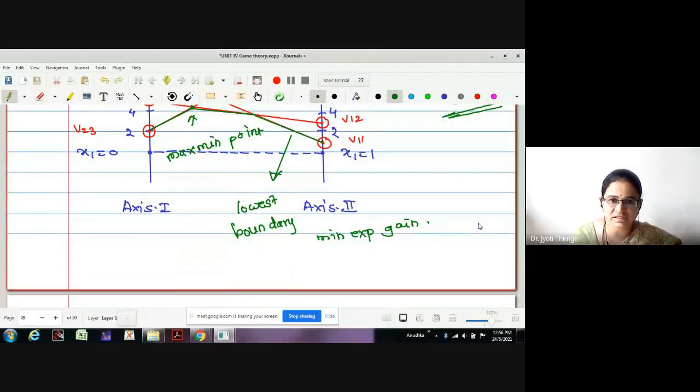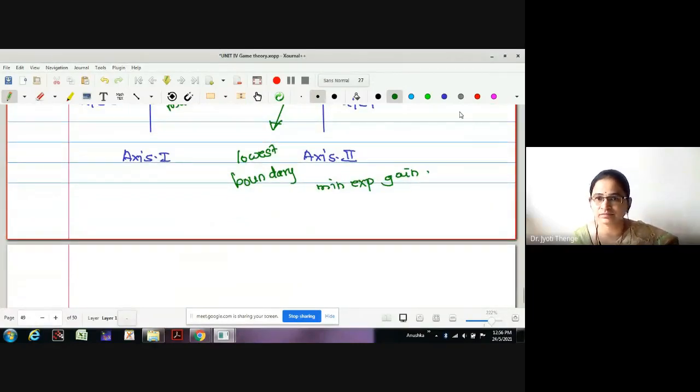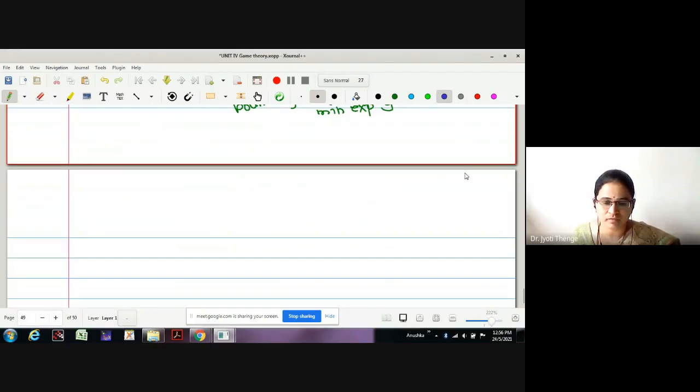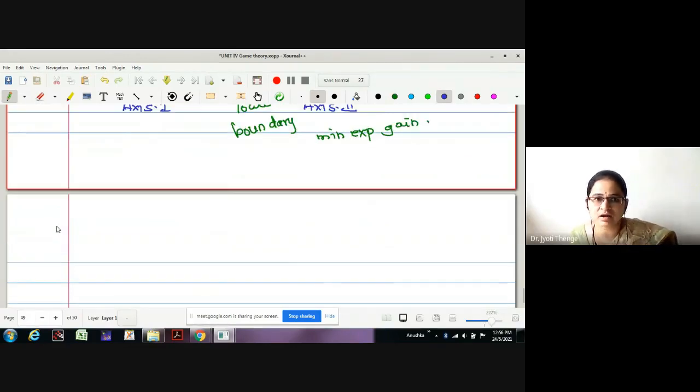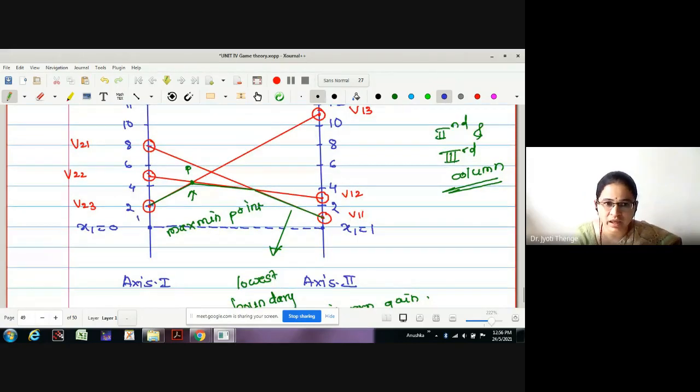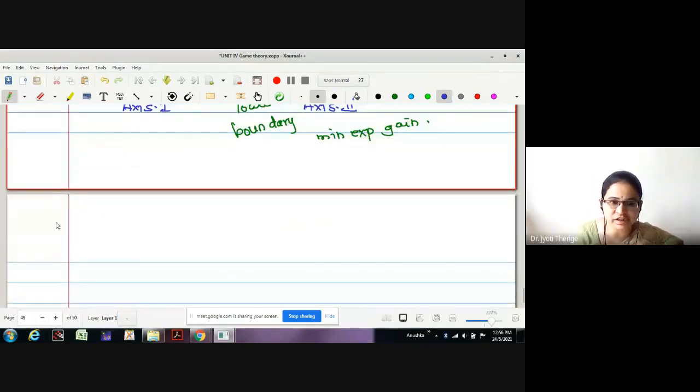Clearly, here I'll just write the points clearly, or I'll just mark some points here: A, P, B, and C. A detailed explanation was written in the book.